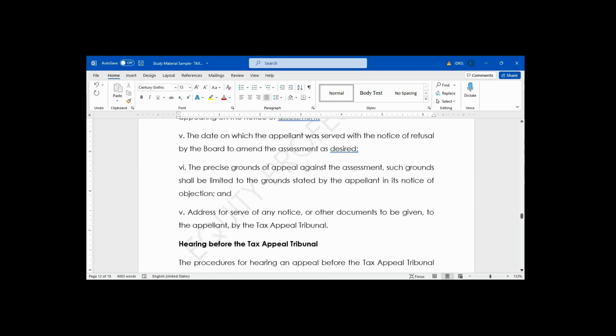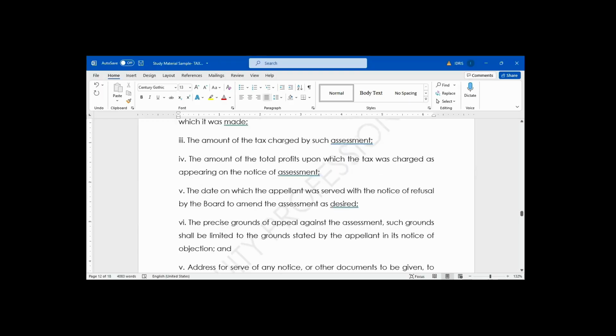You can be asked, what are the contents of notice of appeal? Please take note of that.